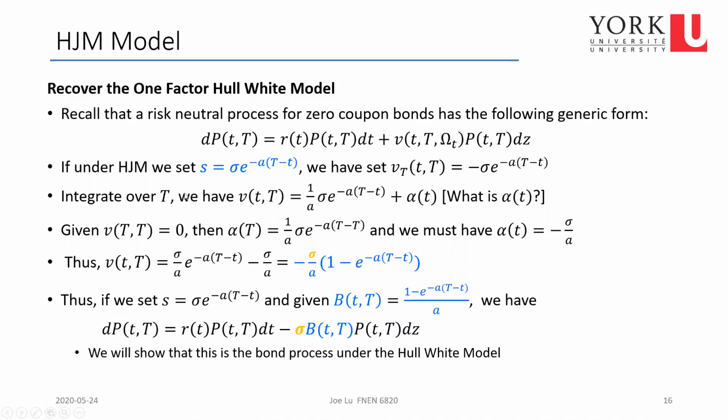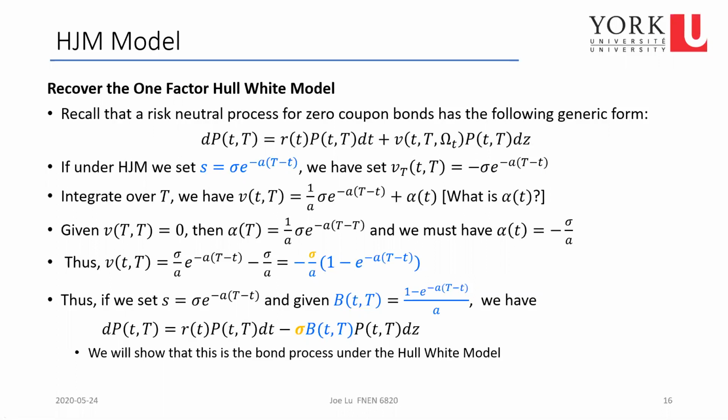Now, if under HJM we set the volatility parameter as a constant multiplied by e to the power minus a times big T minus small t, then this partial derivative must take a negative of this, as we mentioned earlier, there's a negative sign there: sigma e to the power minus a times (T minus t).